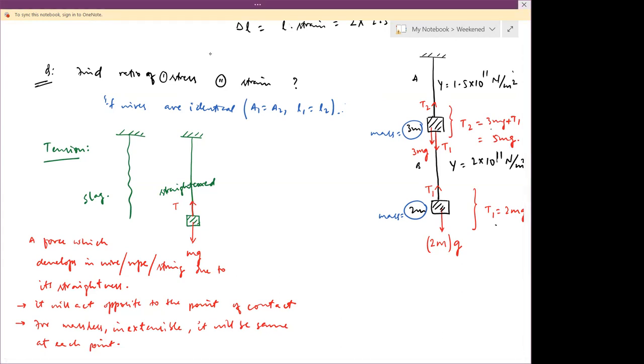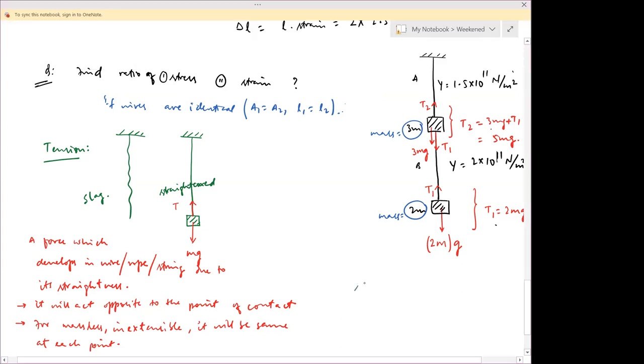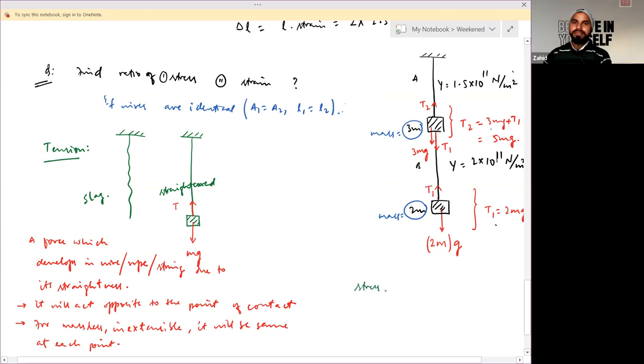Now, stress on the first wire divided by stress on the second wire equals force in string A, that is tension, divided by its area, over tension divided by its area.